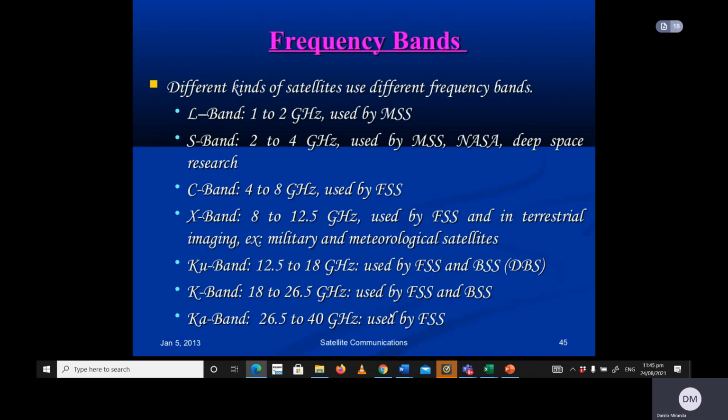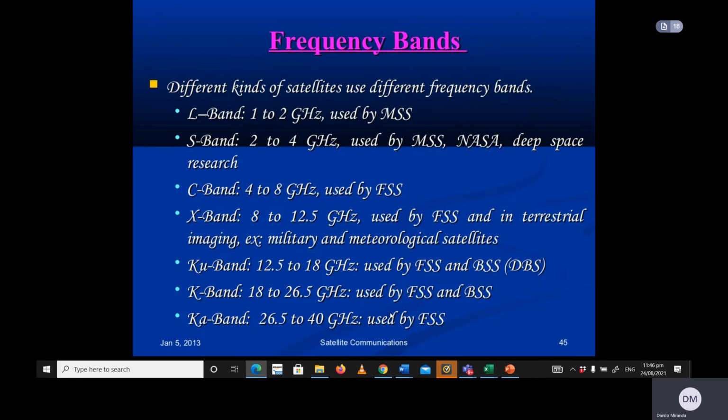Pag ang point-to-point mo ay L-band, meron ka na, kahit yung Converge, yung 1,632 pesos. Ang binili lang nilang band dyan ay L-band. Kasi kung bibili ka ng K-band, mahal yun.